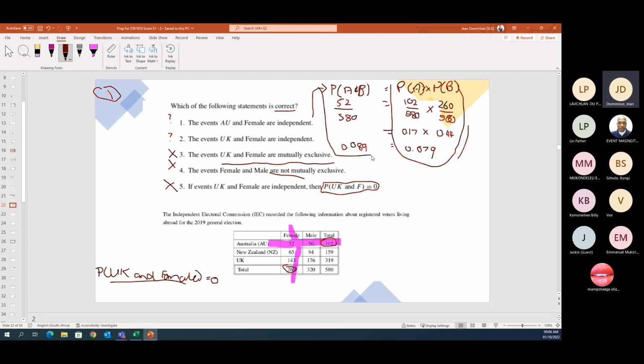Okay, so maybe I made a mistake, but maybe that is then also incorrect because the two are not the same. So let's then just check the next one. So events UK and female are independent.